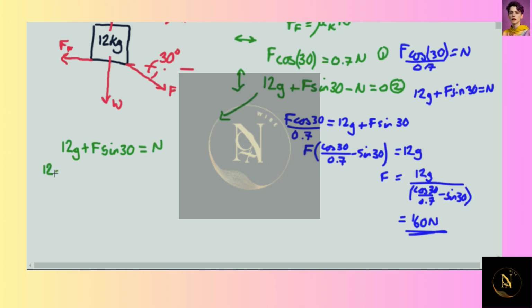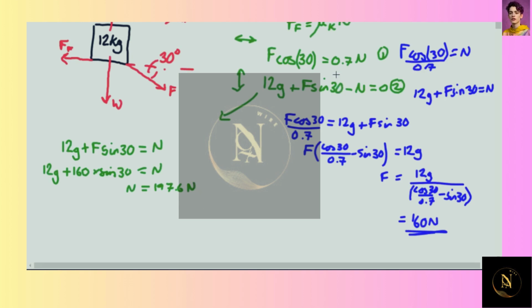Hence 12g added to 160 multiplied by sine 30 is going to equal N. And we put this into a calculator to determine that N is equal to 197.6 newtons.